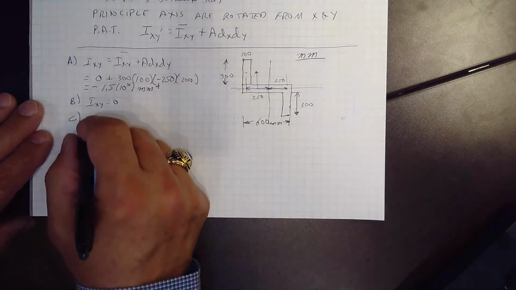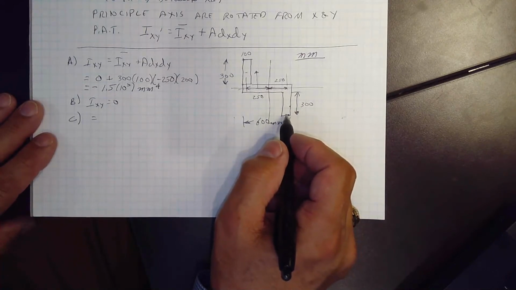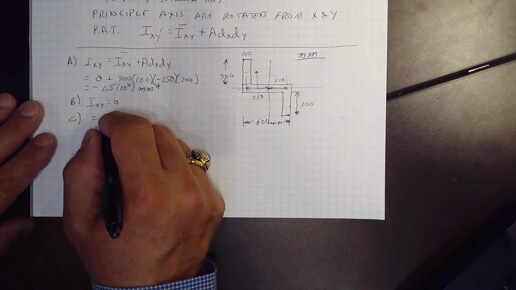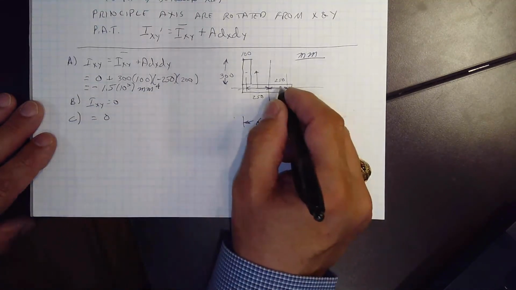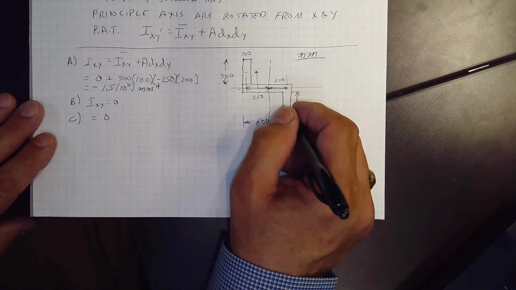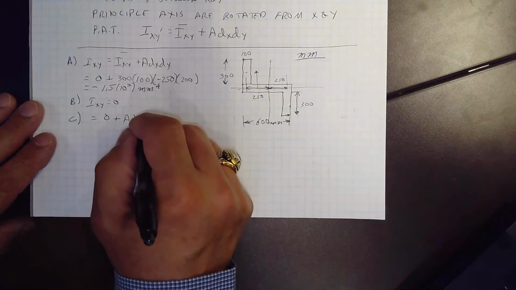C is going to be equal to, we're over here now, right? And that's going to tell us that IXY, first, it's going to be 0, because again it's just a rectangle, right? So it's not going to have any IXY of its own, but we do have an A dx dy to worry about.